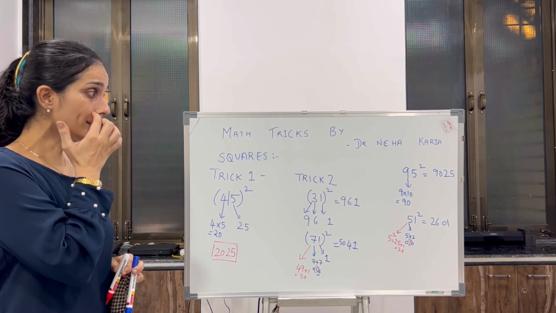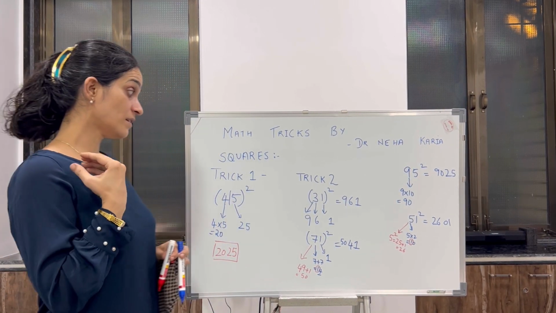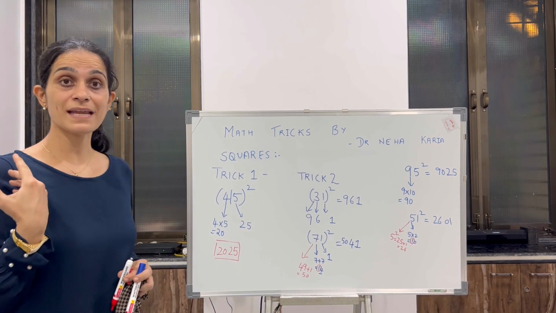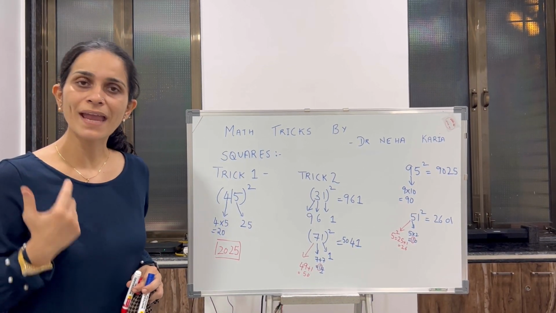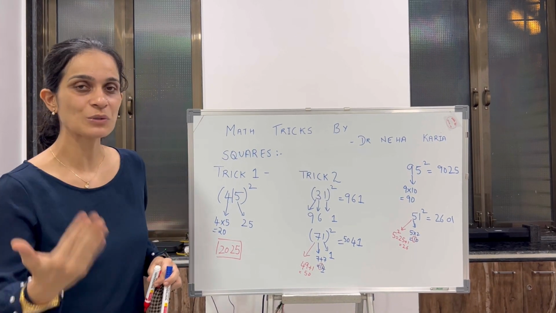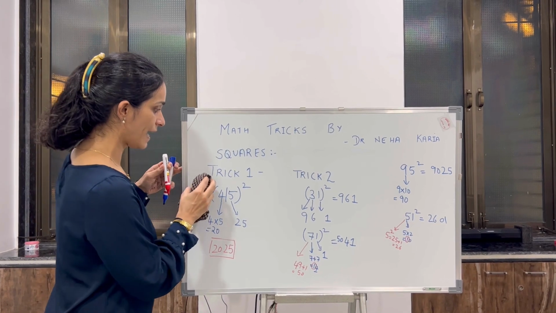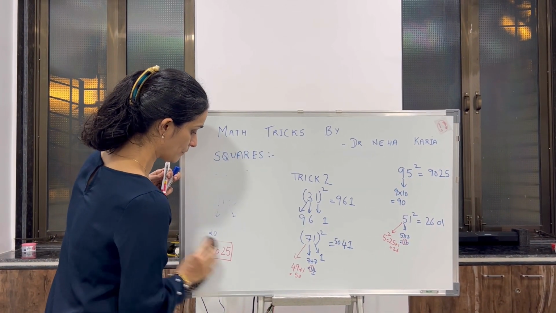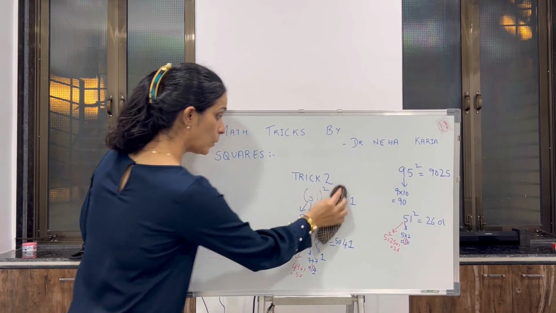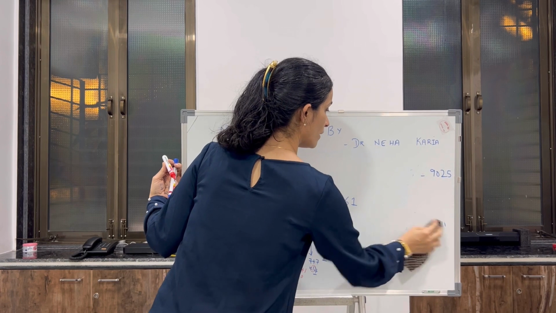Alright? Next, but it's not necessary every time you get only numbers ending with 5 or numbers ending with 1. So what is the trick to find the squares of any number, like 2-digit, 3-digit, 4-digit, any number? So proceeding to the last and final trick to find the squares of any number. I hope this was absolutely useful to you all.